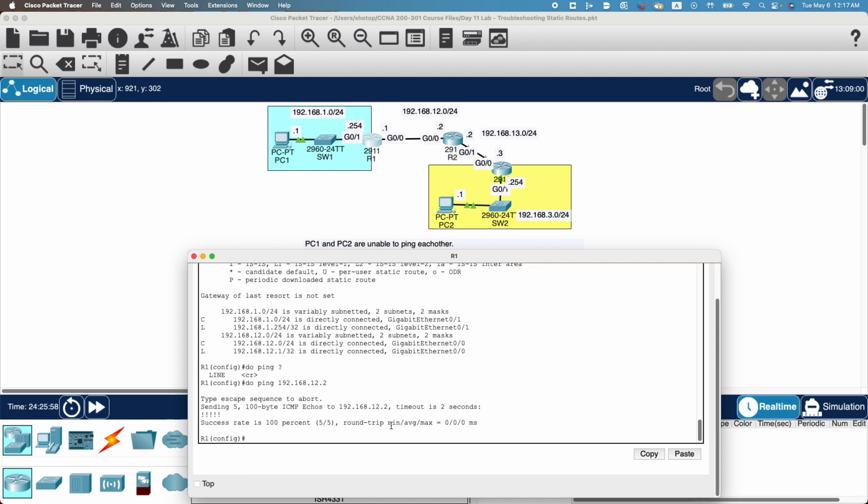So now we're going to do the static route. I thought they're directly connected. Do I even need to set up a static route? Why do I need to set up a static route if they can talk? Okay.